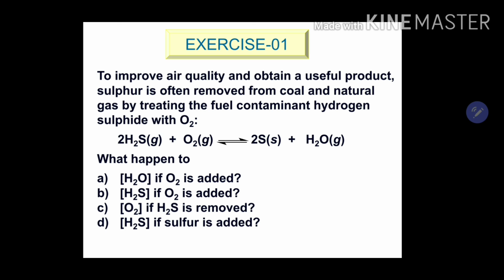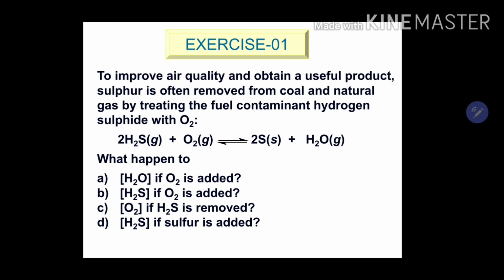So exercise. To improve air quality and obtain a useful product, sulfur is often removed from coal and natural gas by treating the fuel contaminant hydrogen sulfide with O2. What happened to the concentration of SO2 if O2 is added?